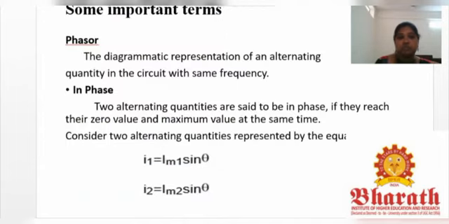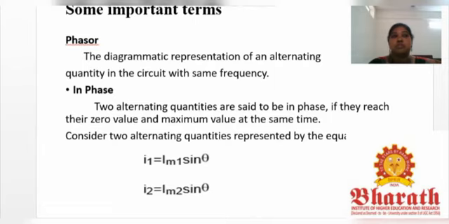So next one, phasor. The next thing we are going to see is phasor. Phasor is nothing but a diagrammatic representation of an alternating quantity in the circuit with the same frequency. Quantities of the same frequency can be represented in a diagrammatic way, and we call that diagram a phasor.